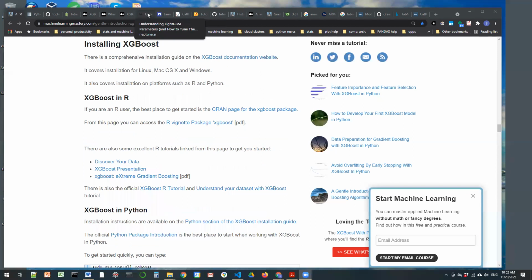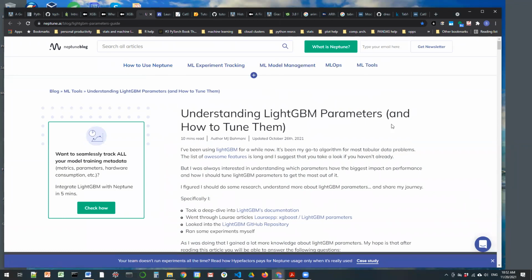The fascinating thing is there's not just XGBoost, but there's also LightGBM, which is again a gradient boosting method, yet another variant. XGBoost and LightGBM seem to be very much in use for these kinds of competitions.